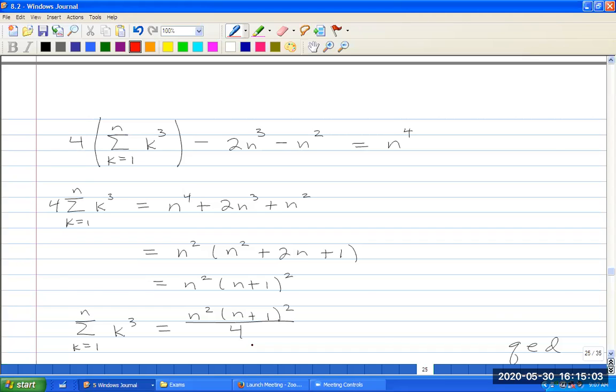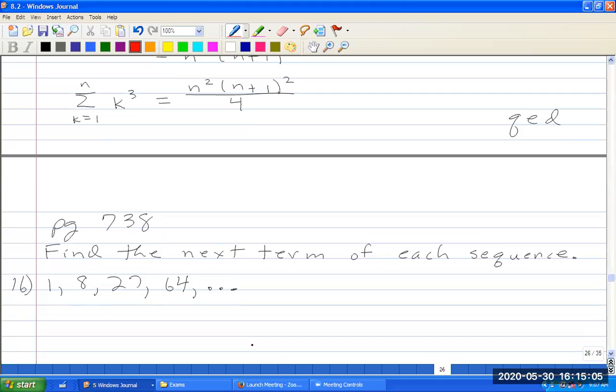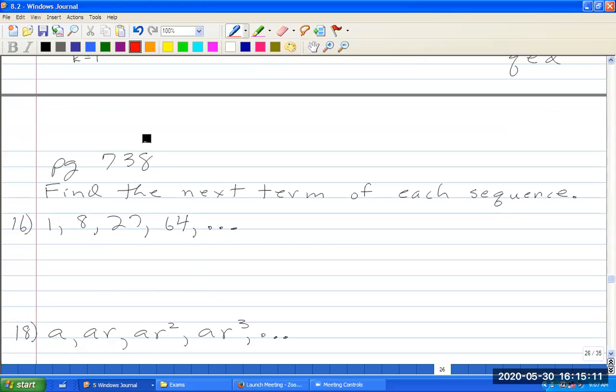So let's do some examples. On page 738, find the next term in each sequence. So basically determine the pattern and continue on with the pattern. So I have here that this is 1, 8, 27.